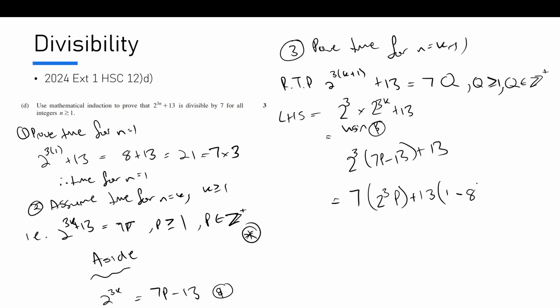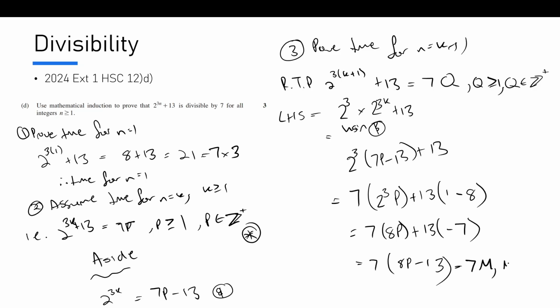So we're going to go 1 minus 8. That's now equal to 7, 8p plus 13 times minus 7. Now what we could do is go 7 times 8p minus 13, which is equal to 7m, where m is some positive integer.